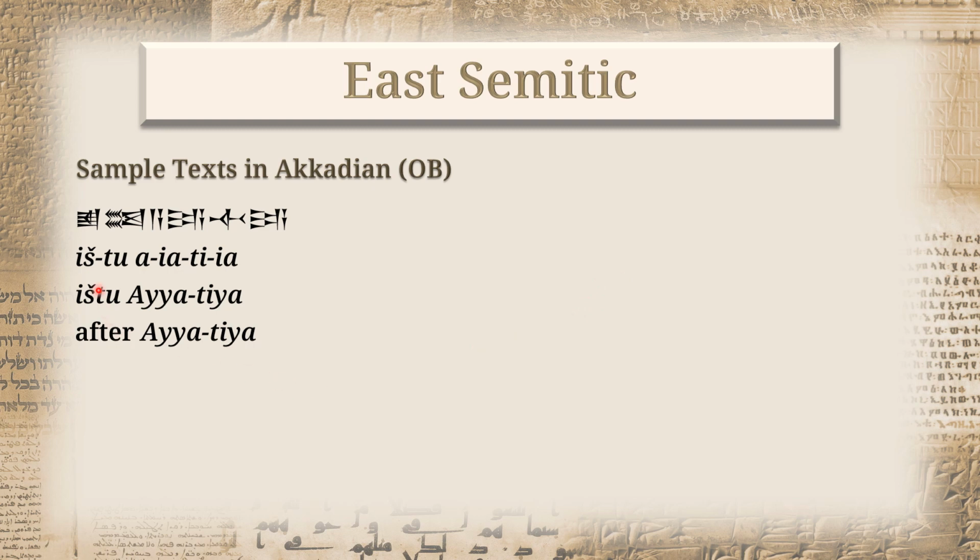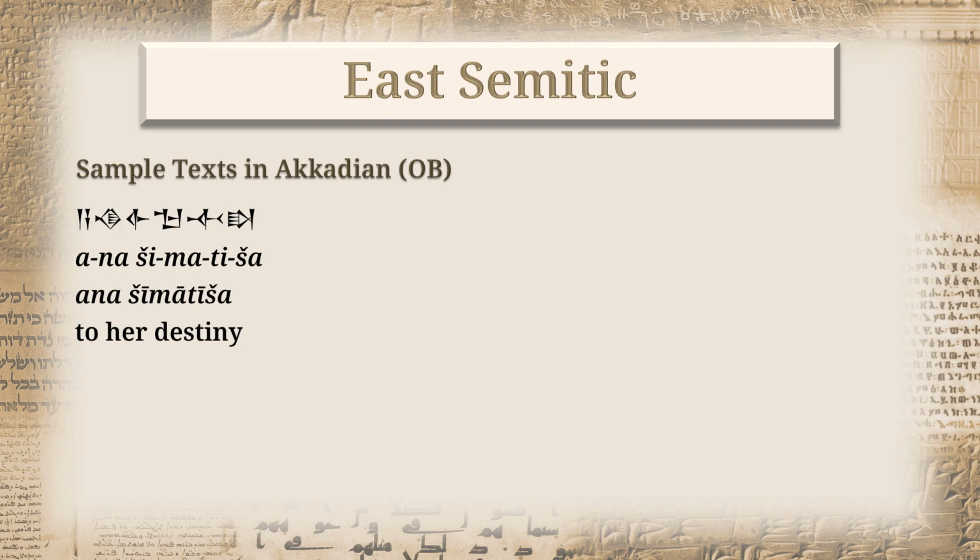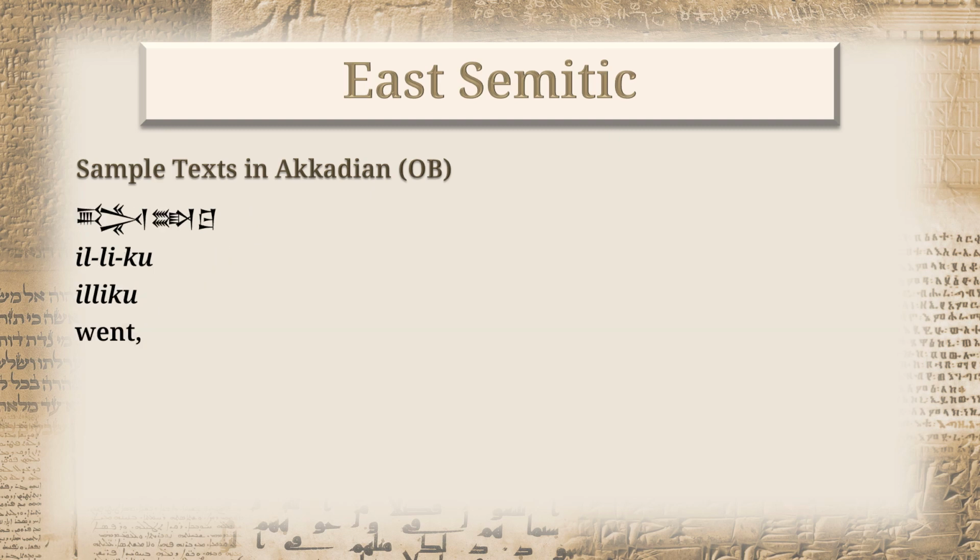Now, ishtu ayatiya, after ayatiya. Anashima tisha, to her destiny. Illiku, she went. So after Ayatiya went to her destiny, which is a euphemistic way of saying after Ayatiya died.